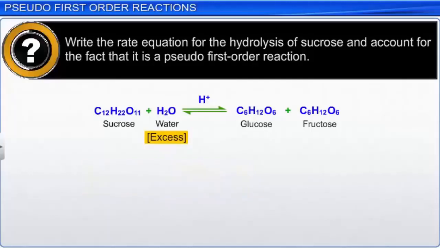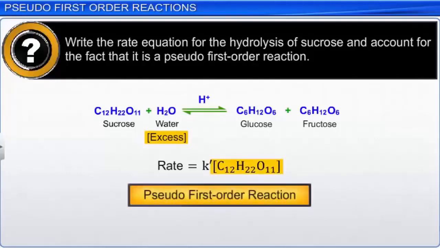As a result, the rate equation can be written as rate is equal to new rate constant K dash multiplied by concentration of sucrose. Since the rate of reaction depends only on one concentration term, it is a pseudo-first-order reaction.